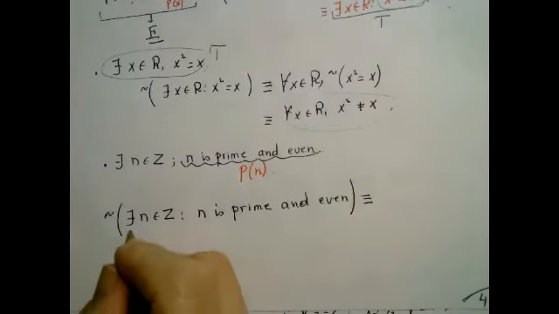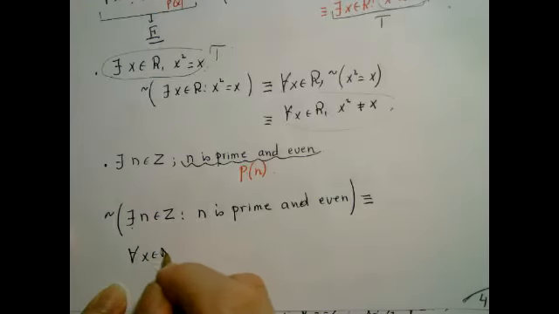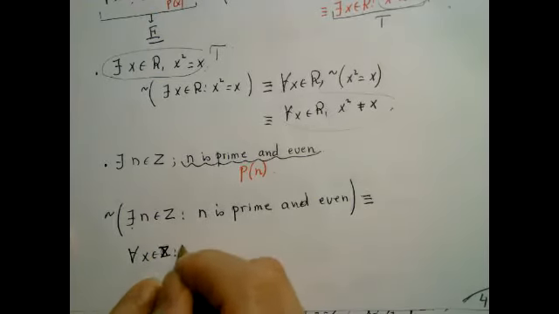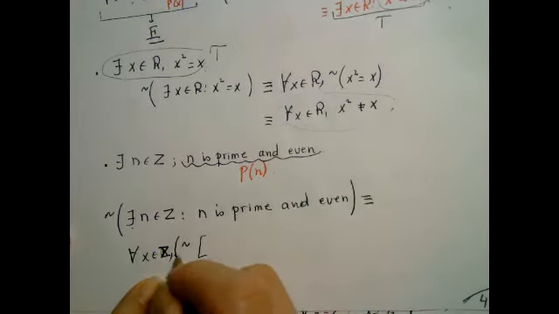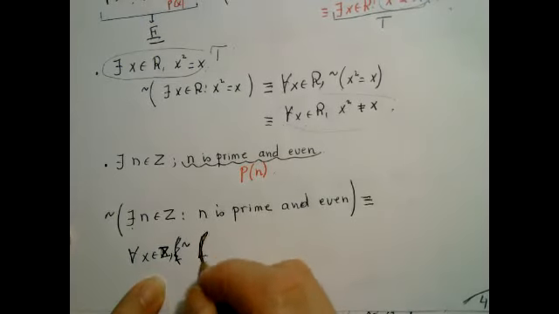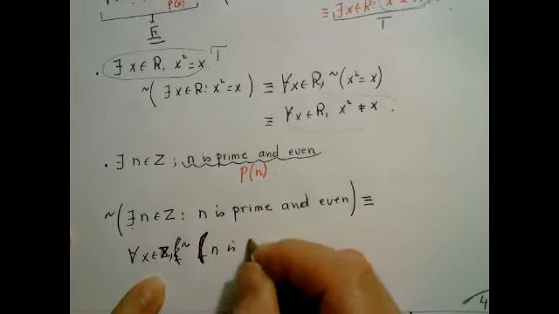So let's negate. First, this will go for every n in Z. The negation of n is prime and n is even.